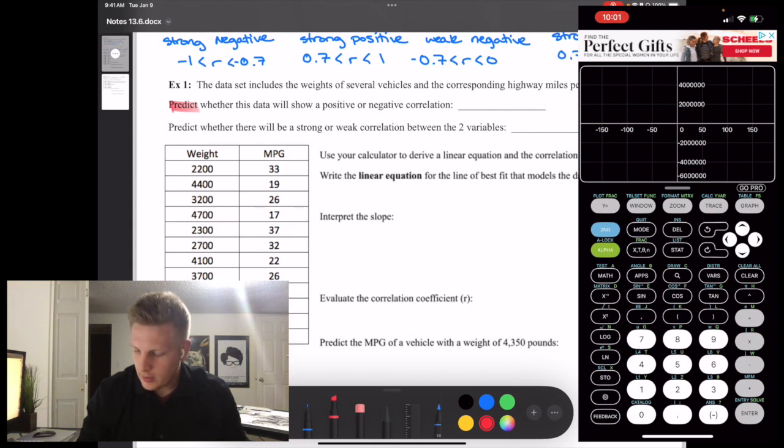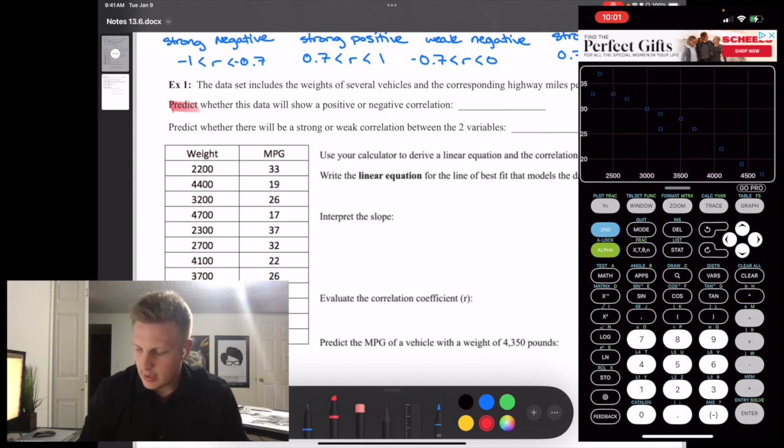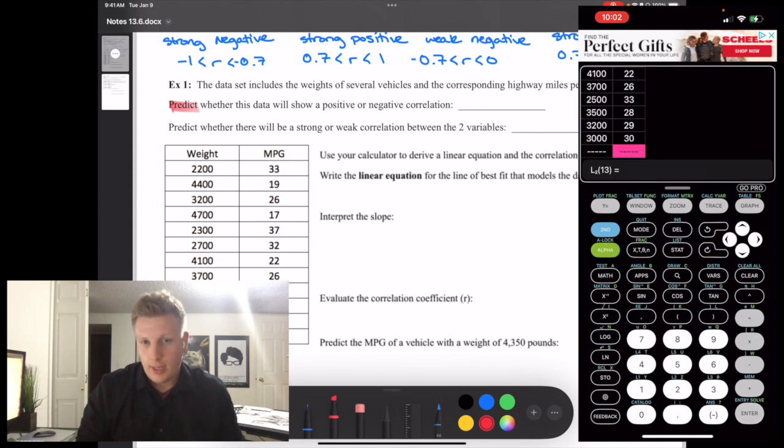And probably what I want to do here is go to zoom and then all the way down here to 9. And it's going to give me a nice little graphic of the different points that I'm looking at. So once again, if I want to do this, I edit my list. Everything's all set up.